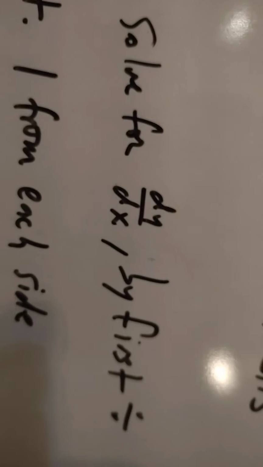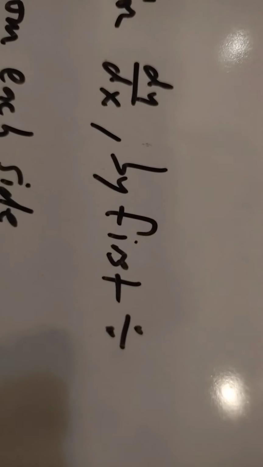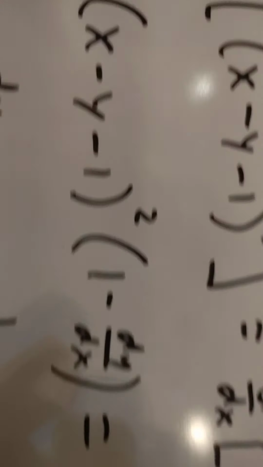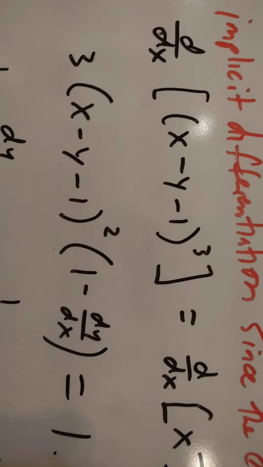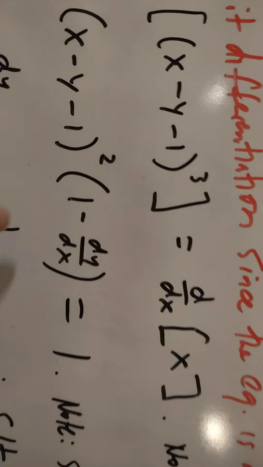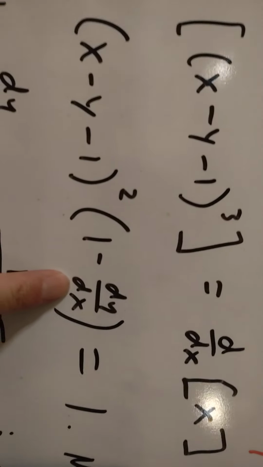Okay, note. We want to solve for dy/dx because that will be what the derivative is. So the whole key is to solve for dy/dx whenever you want to find the derivative. And we're going to first divide. So let me just show you this equation again. We have this equation right here. I want to solve eventually for this dy/dx.